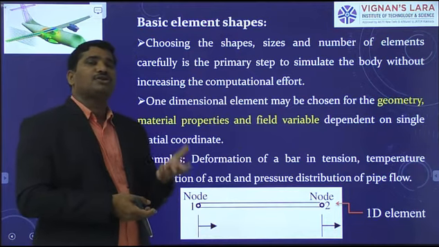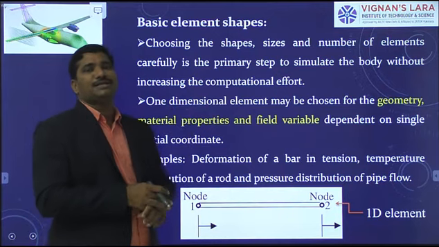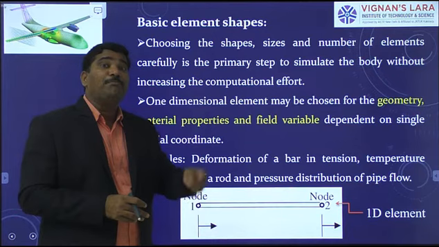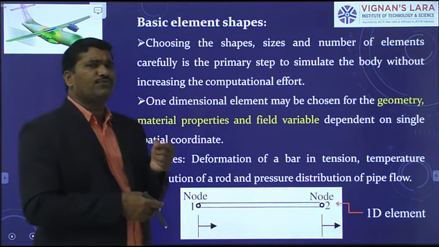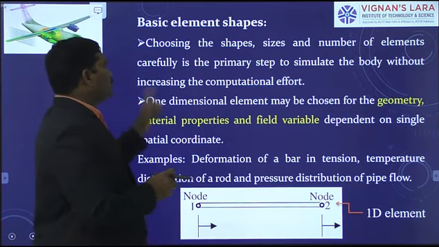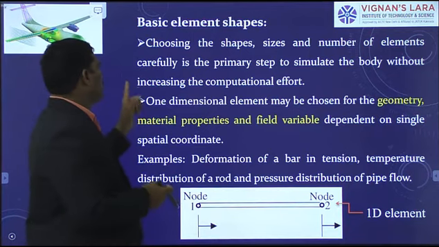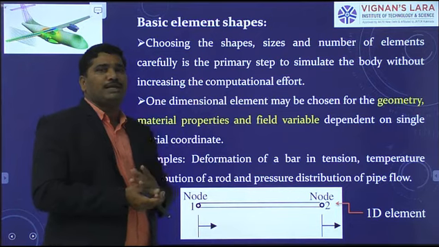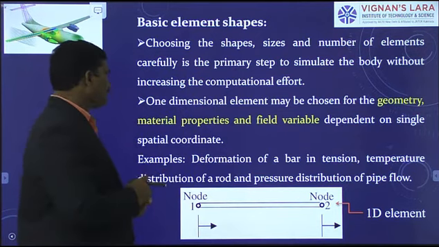So the computer also requires more memory, and storage problems will arise. That is the reason why engineers look for reducing the number of finite elements. They would like to work with fewer elements. Okay. So choosing the shapes, sizes and number of elements carefully is the primary step to simulate the body without increasing the computational effort.